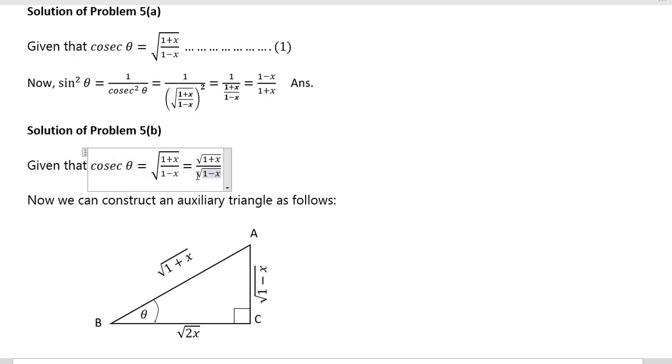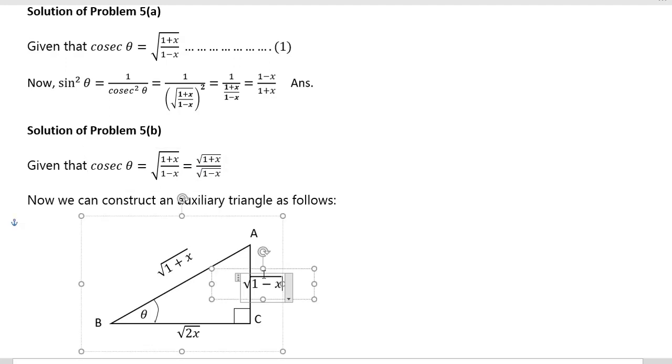So we can take this denominator as the perpendicular in the auxiliary triangle. So in the auxiliary triangle we have the hypotenuse root over 1 plus x from the numerator of cosec theta, and the perpendicular is root over 1 minus x from the denominator of cosec theta.